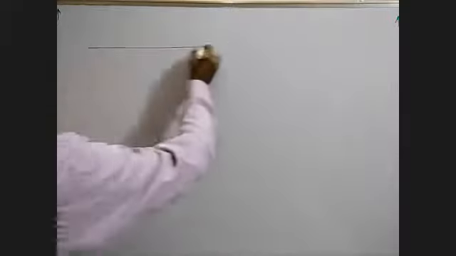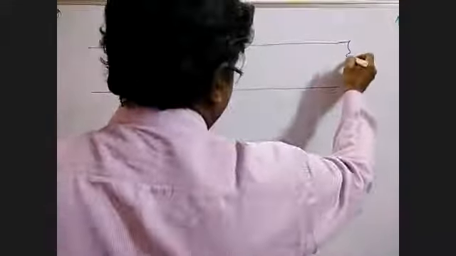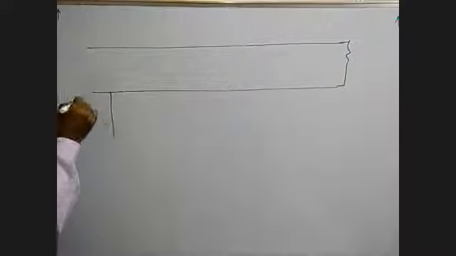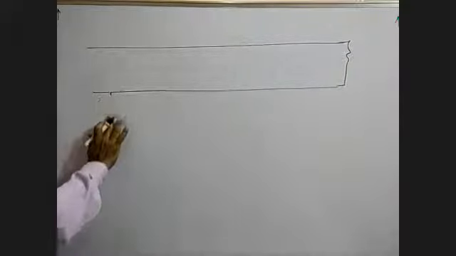Now finally you have to draw the diagram showing the reinforcement details itself. This is continuous. You have a support here. Draw it separately.